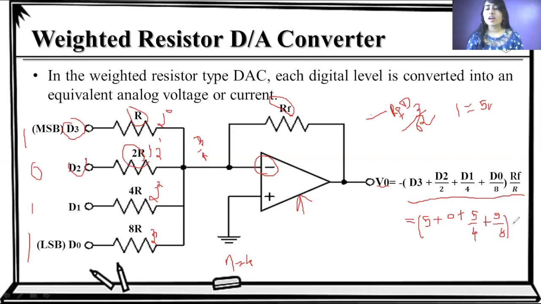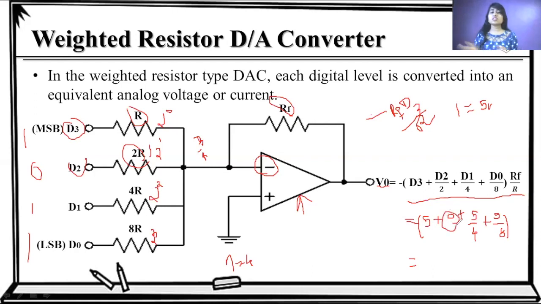So RF and R cancel out. So by solving this, we have an analog output voltage for this 1011 binary pattern. If in an example you have a question like calculate the full scale output voltage, then for full scale you have to consider all digits are 1, so the only change is that you have one more term added, 5 divided by 2.